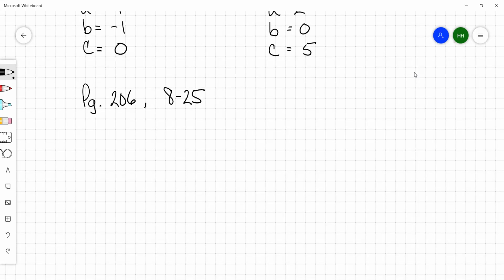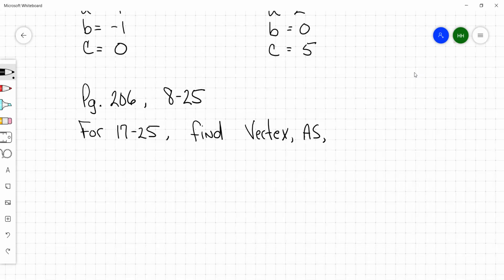Okay? For 17 through 25, it says to graph the function. For problems 17 through 25, find vertex, axis of symmetry, min or max, and the range.